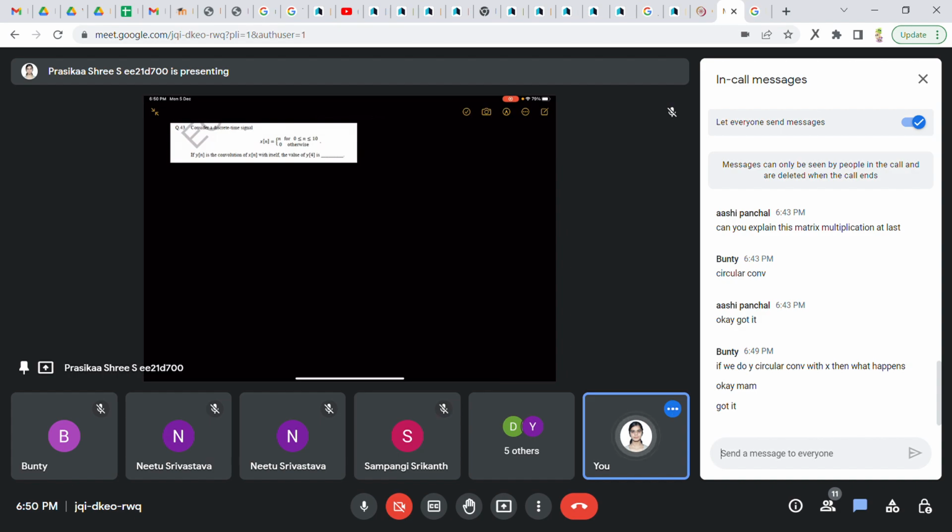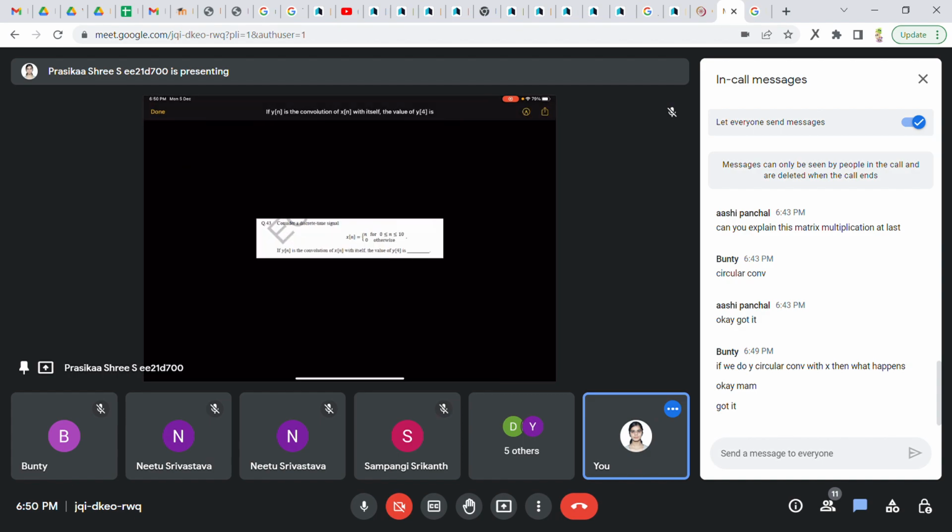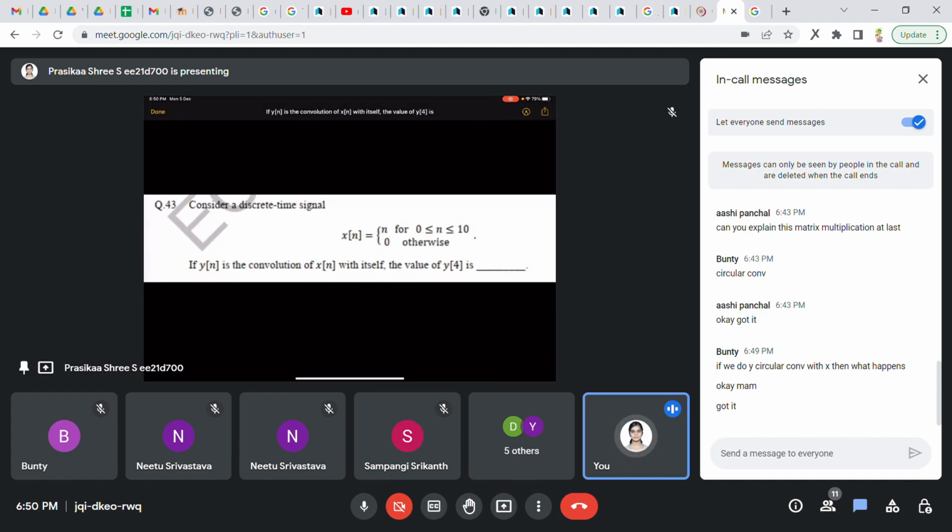Consider a discrete time signal x of n equal to n for 0 less than or equal to n less than or equal to 10. It's a discrete sequence. y of n is the convolution of x of n with itself. The value of y of 4 is? Try solving this. It's a simple question on convolution.